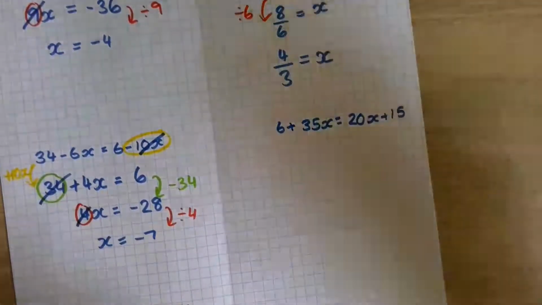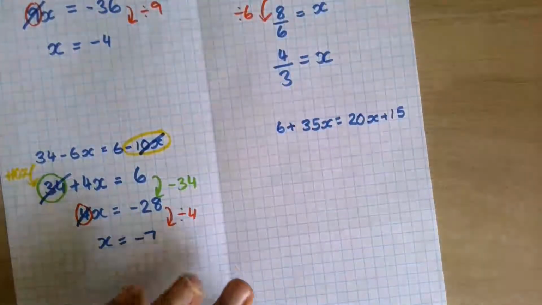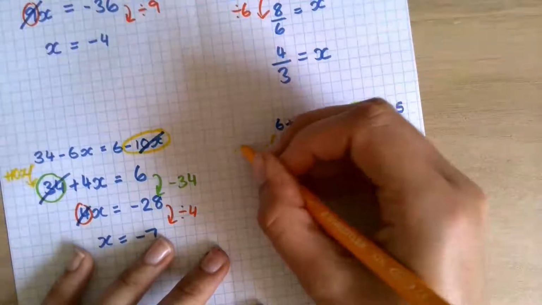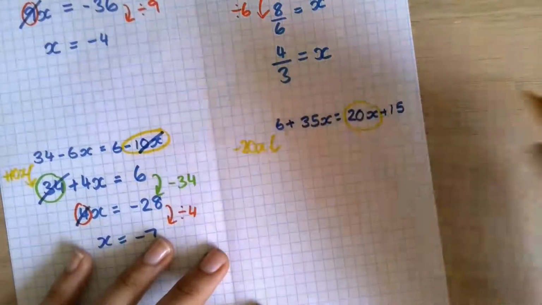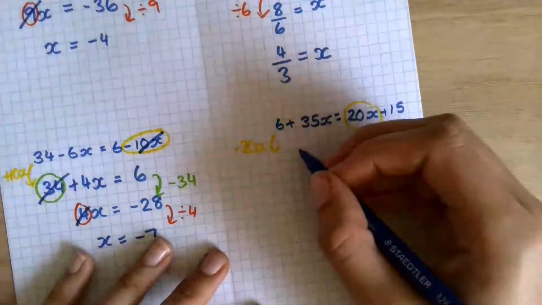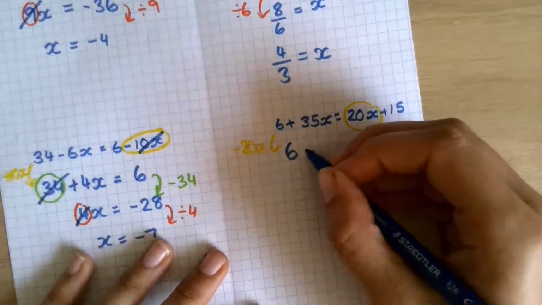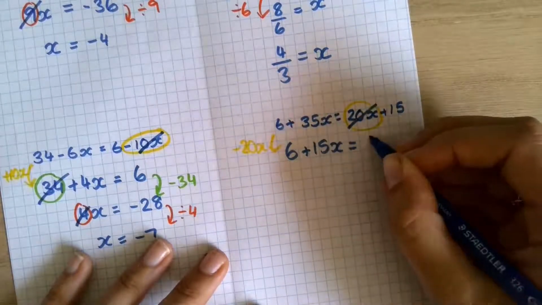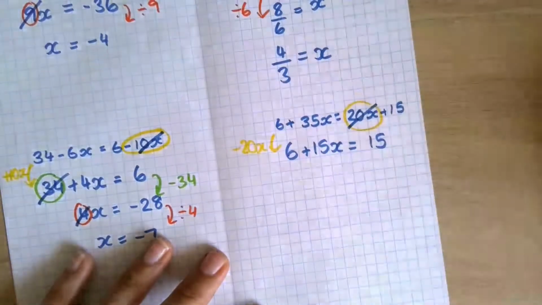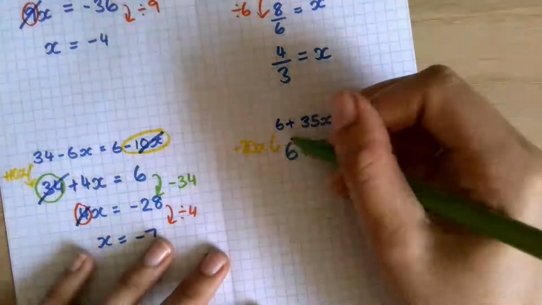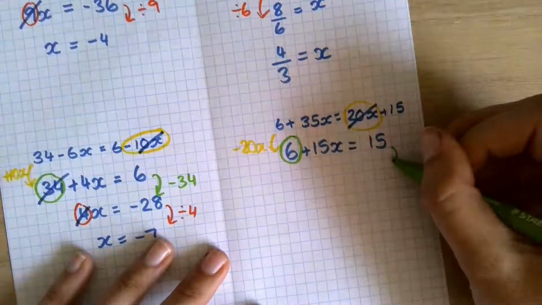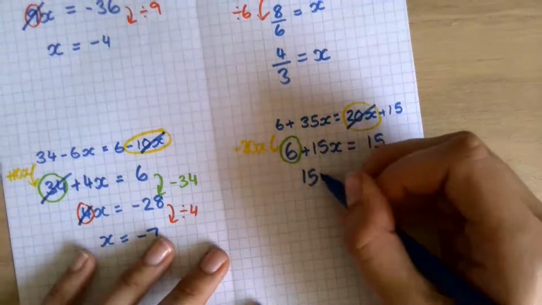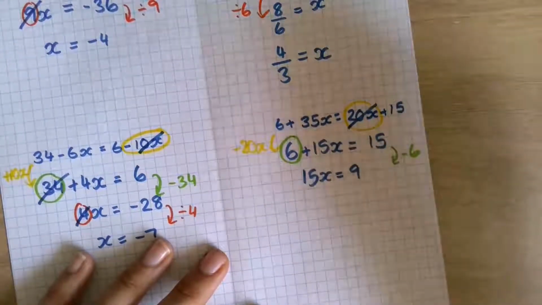Another question here, same kind of thing, smallest amount of the unknown, which is 20x this time. Quite large, small amounts. Which leaves me with 6 add 15x equals 15. Let's get those constants sorted out. 15x equals 9.